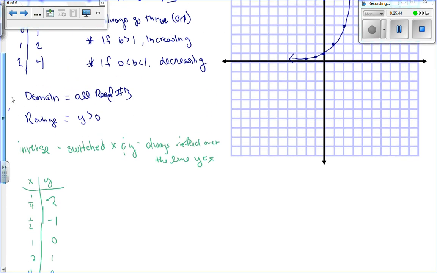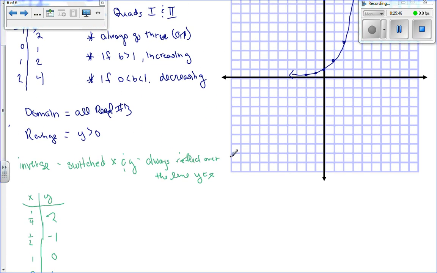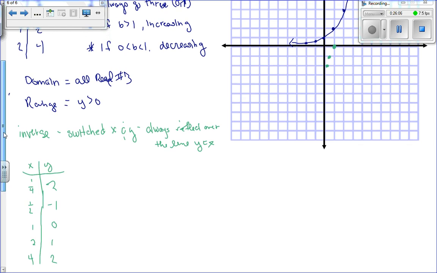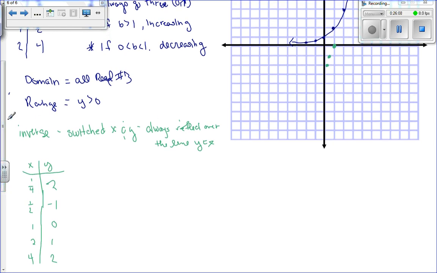I want to go ahead and graph this. I have 1/4, negative 2. And then I have 1/2, negative 1. And then I have 0, 1. And to see that, I will have 1, 2, 1, and then 4, 2.